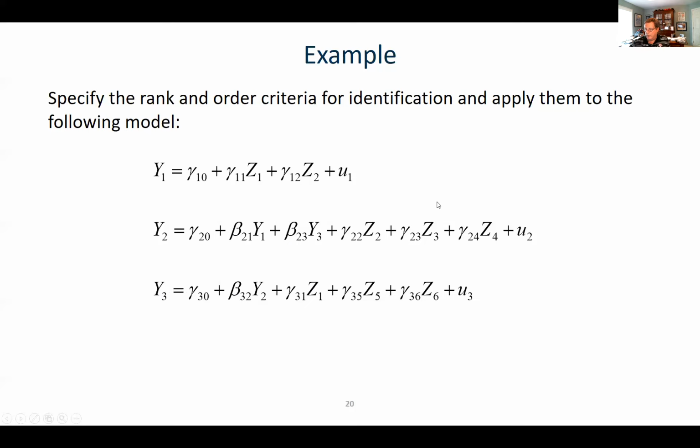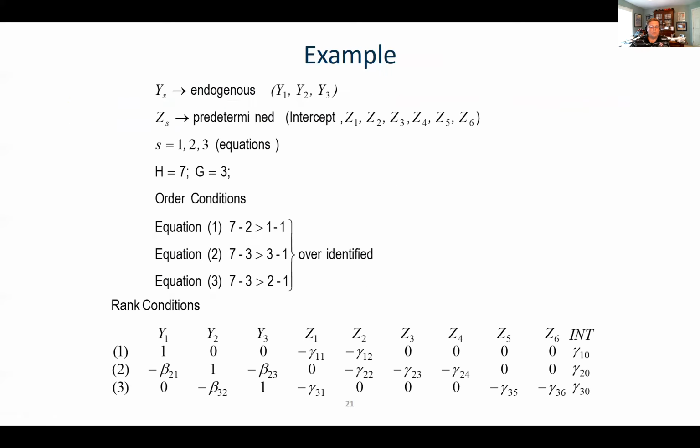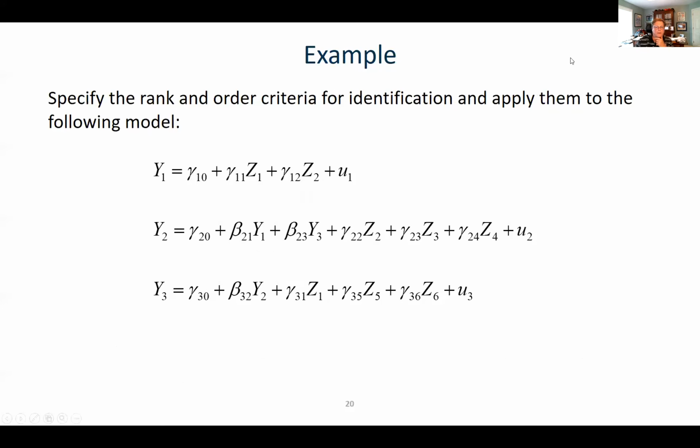So let's consider rank and order conditions. First of all, what you should attempt to convince yourself of is to verify that this system is in fact simultaneous. So what you would do is formulate a 3x3 matrix of coefficients associated with the endogenous variables.